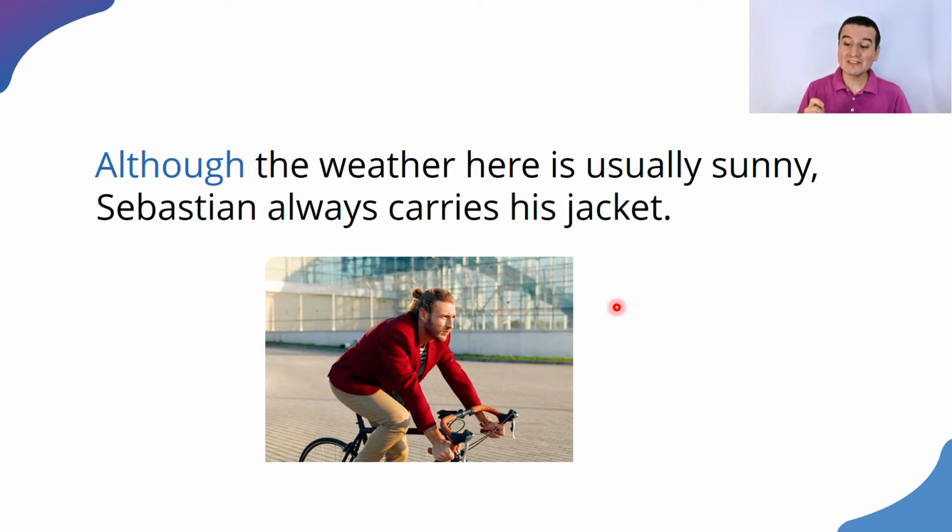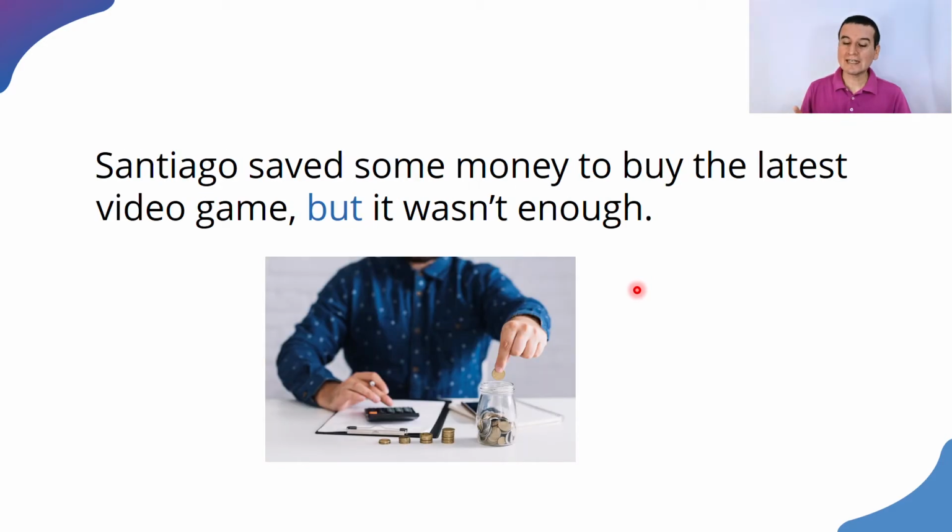All right, the answer is that is a relationship of contrast. One thing kind of contradicts the other. All right, that's it. That's all you have to do. Decide whether it's contrast or cause and effect. Next, Santiago saved some money to buy the latest video game. Okay, he saved some money to buy the latest video game, but it wasn't enough.